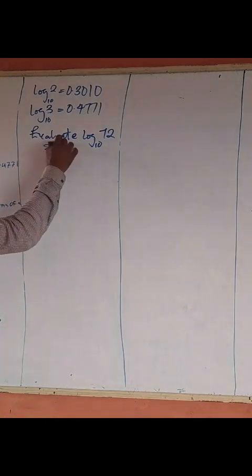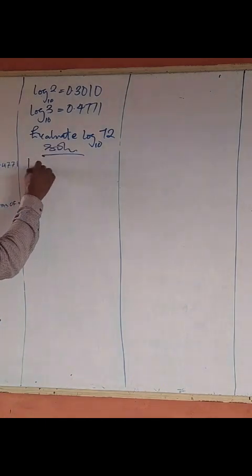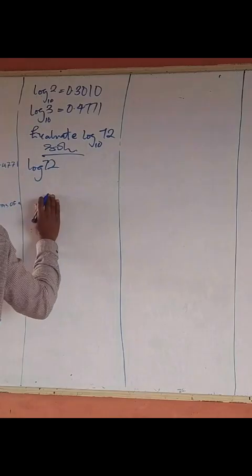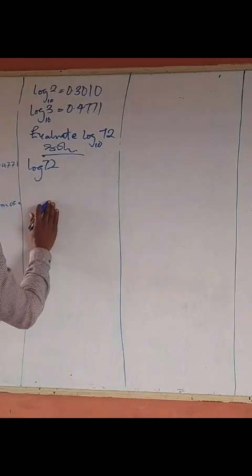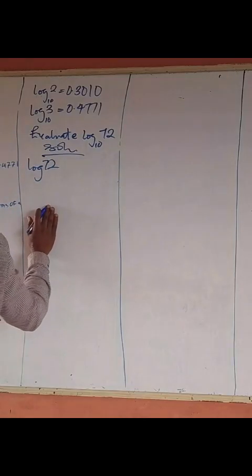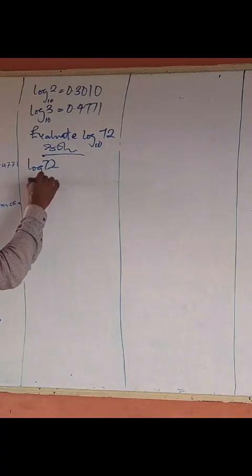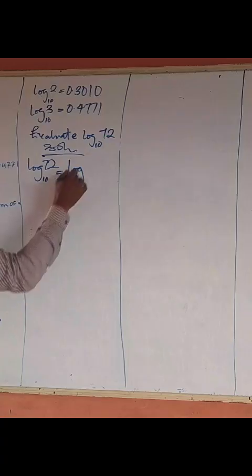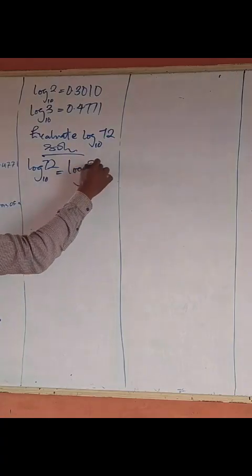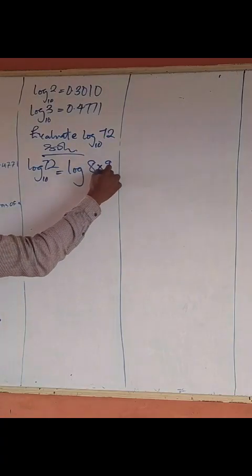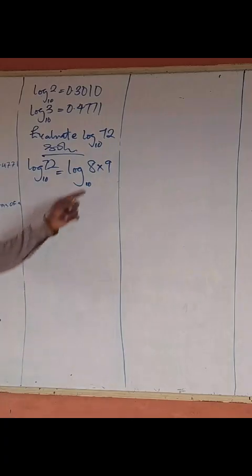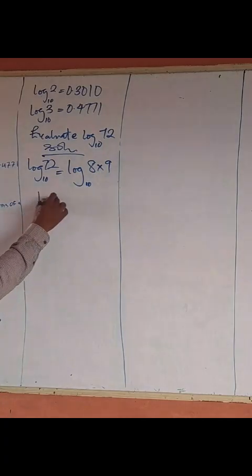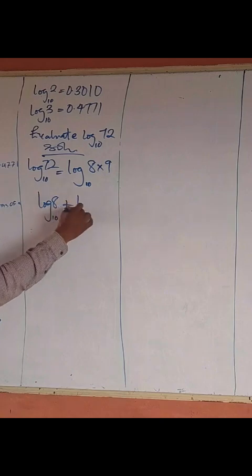Solution. We have log 72, which is 8 times 9. When you have times, you separate it with log plus, so log 8 plus log 9.